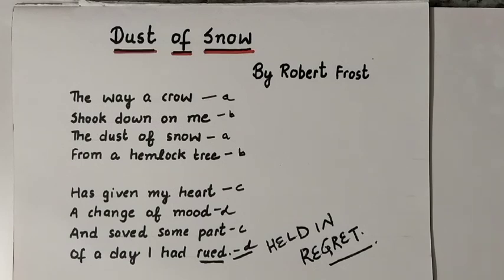So, overall, in my previous class, I had laid emphasis on the use of hemlock tree, crow, and winter, and all these things. In a couple of seconds, I would just throw some light on it again. Hemlock tree again is a representation of negativity. It's a poisonous tree.